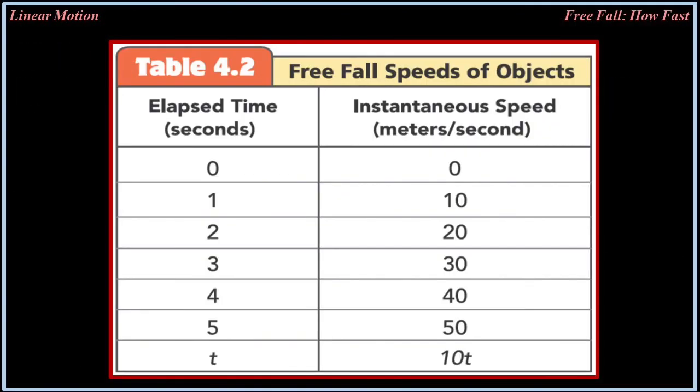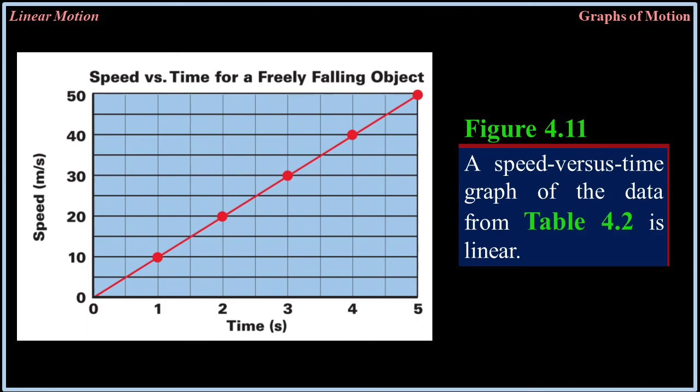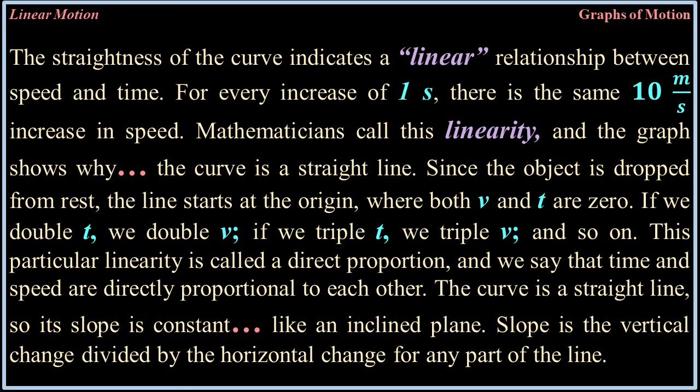So the first relationship is very linear. There's the data table, you've seen it before. And now the graph, speed versus time. Speed on the y-axis and time on the x-axis. The straightness of the curve indicates a linear relationship between speed and time.